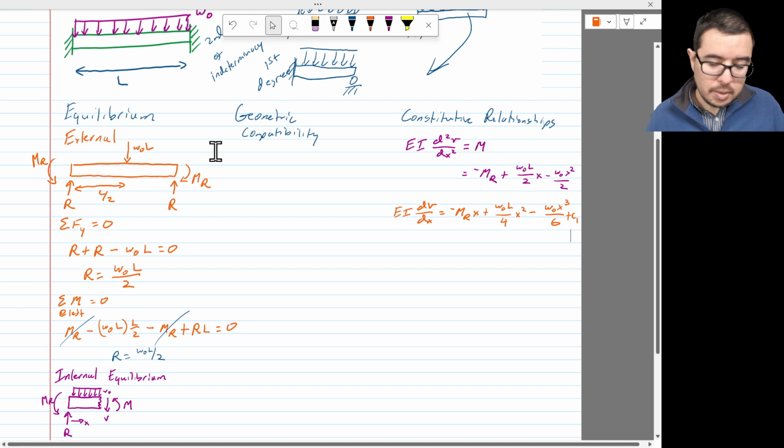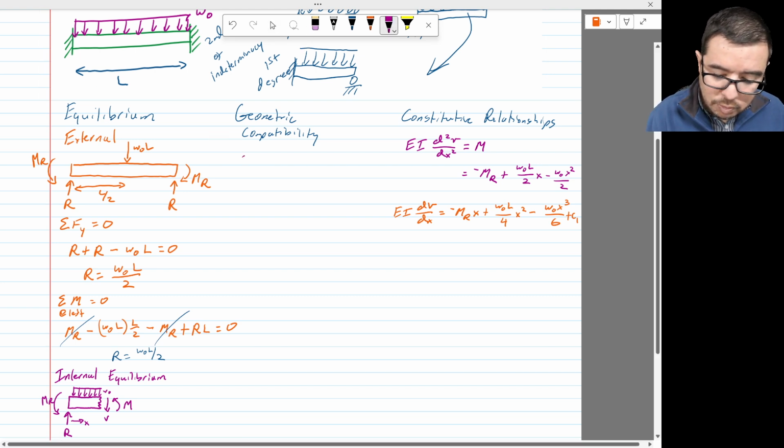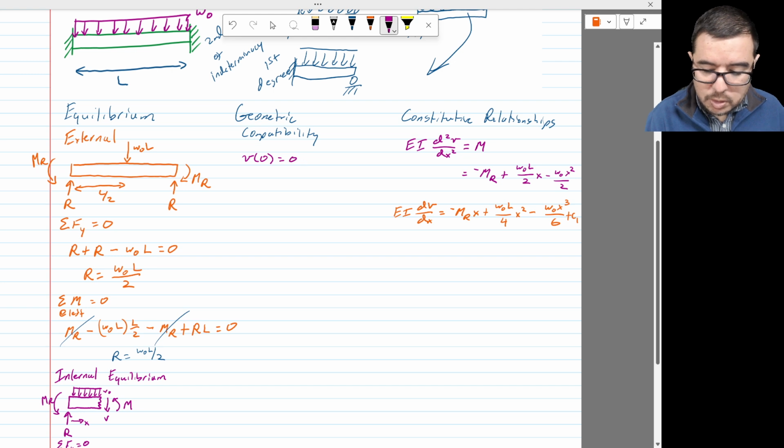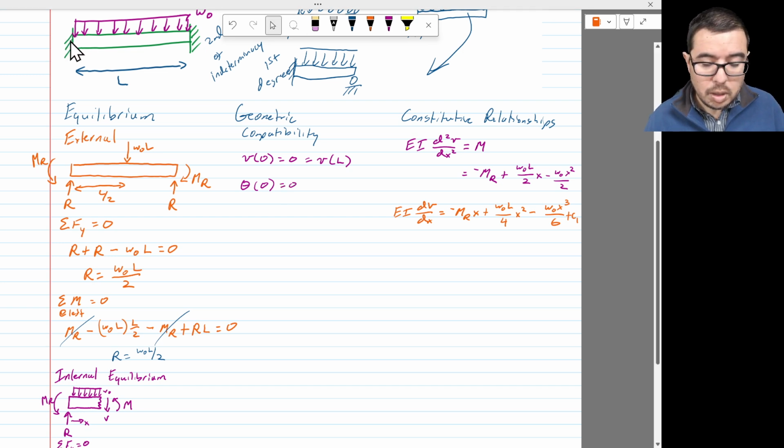We know that little v of 0 is going to be 0, which is also going to be little v of L. We also know that the angle at 0, that's dv dx at 0, is going to be equal to 0 because this is a wall, and so at the wall, the beam is going to come straight out. It can't slope, and that's equal to the theta at L as well. So this dv dx is equal to theta.